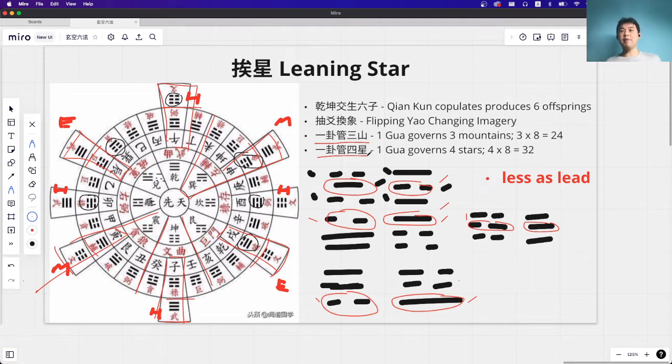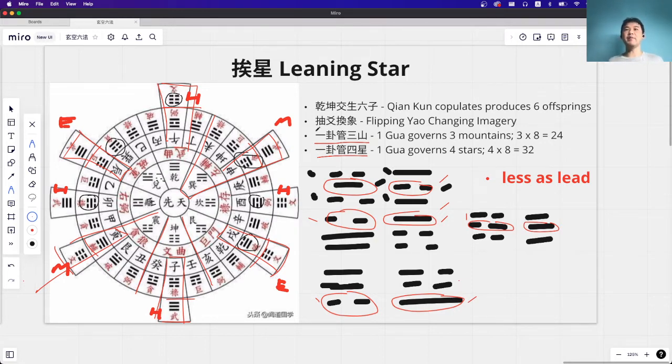And then let me recap. How does the 六法 or I Ching come into the picture? It's actually 乾坤高上六吉. 乾坤 copulates and produces 6 offspring, as I have shown earlier. From that, when you have the 8 gua already, you use the flip. Then you have the fundamental of one gua governing 3 mountains, and each mountain represents 1 yao or 1 line.